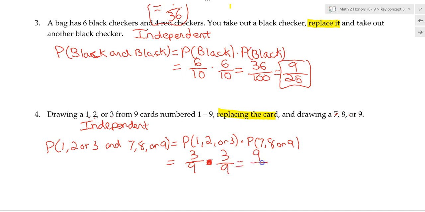That equals 9 out of 81, which equals 1/9. So we are done there.